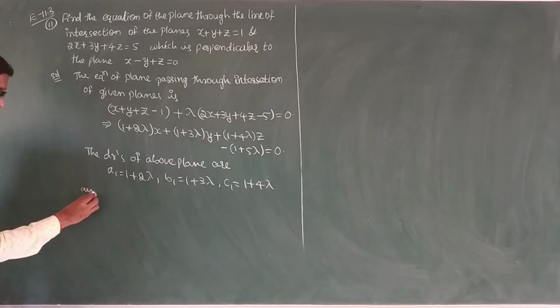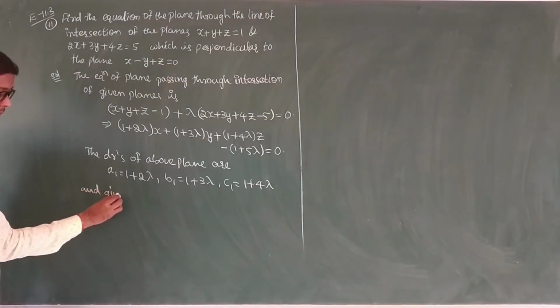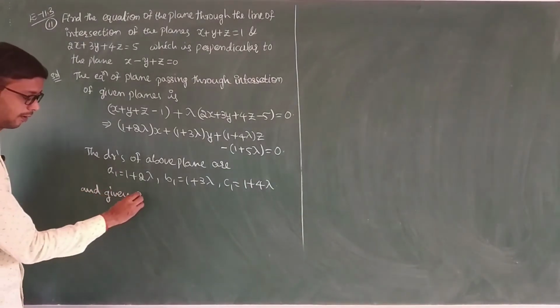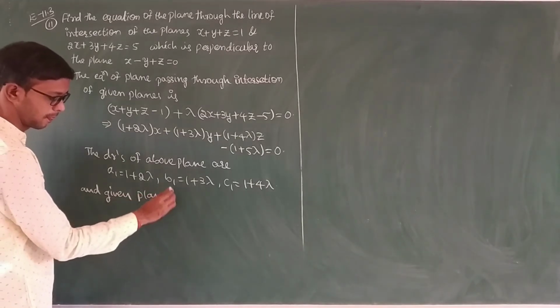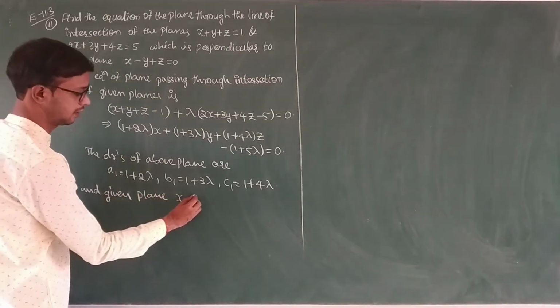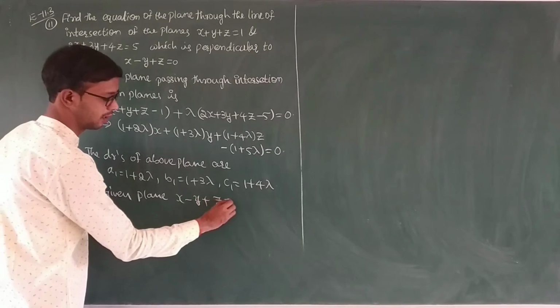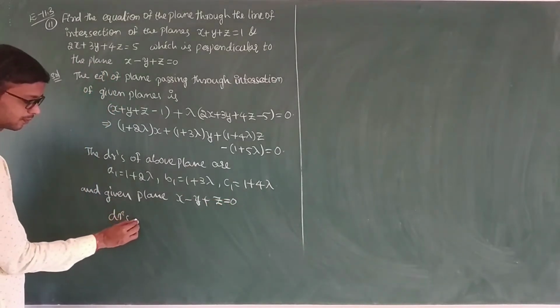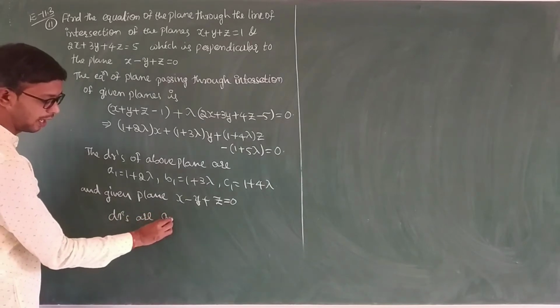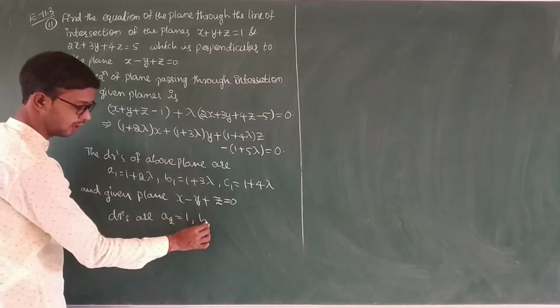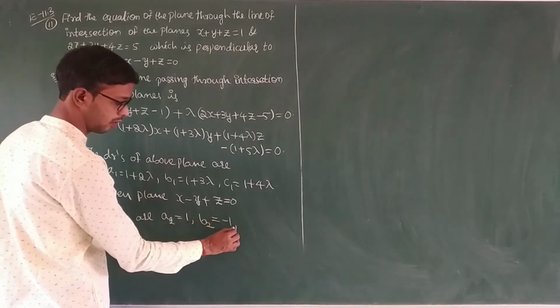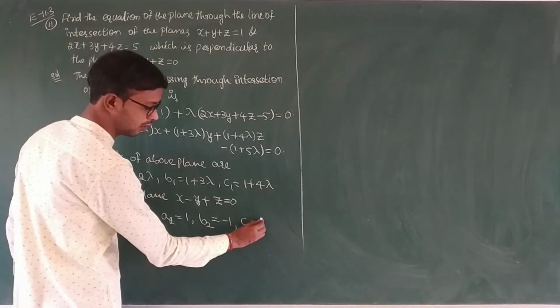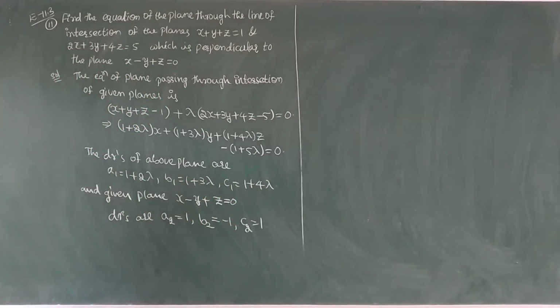And the given plane x minus y plus z equal to 0 has direction ratios a2 equal to 1, b2 equal to minus 1, c2 equal to 1.